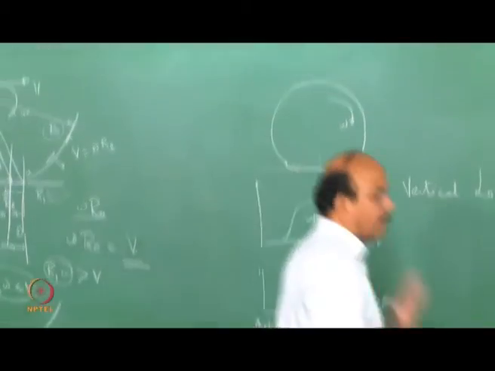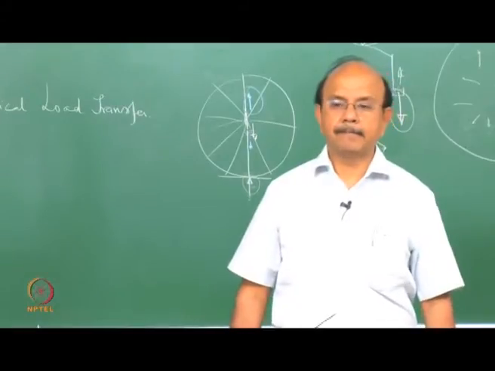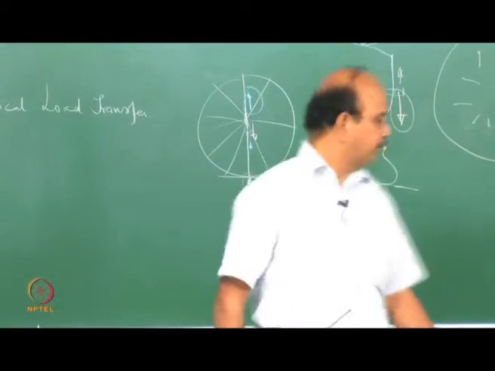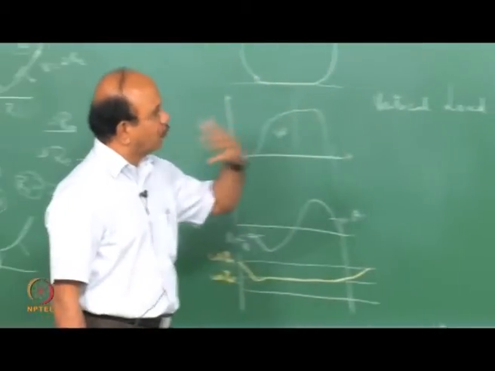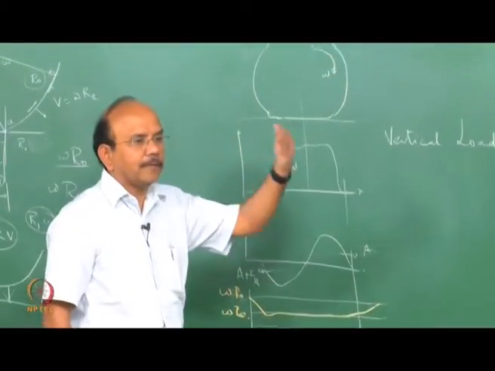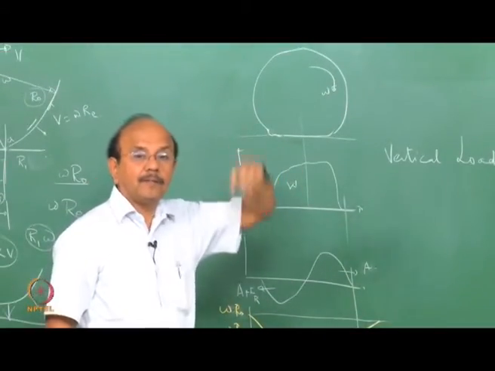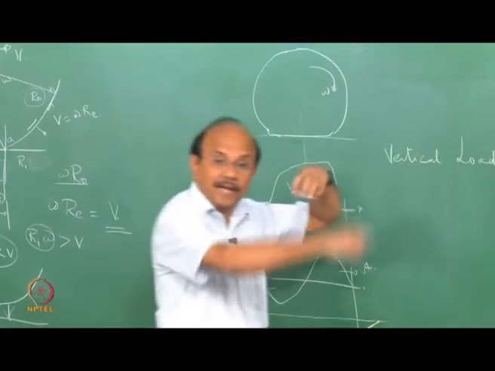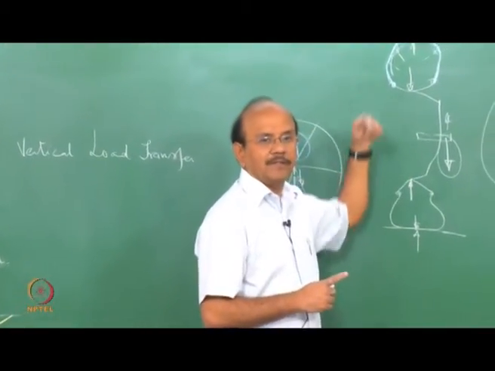We will come back to this rolling tire again. This is a phenomenal concept of the pneumatic tire, because as it rolls, the different points in the tire are held by different parts of the tire. This is a stationary figure, but imagine that actually it is rolling.